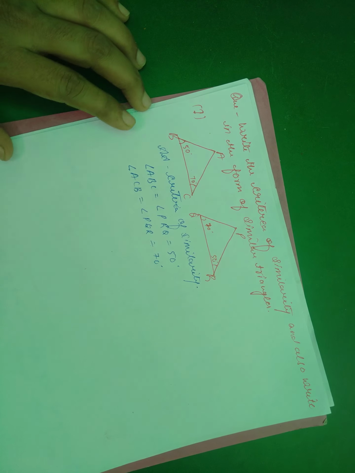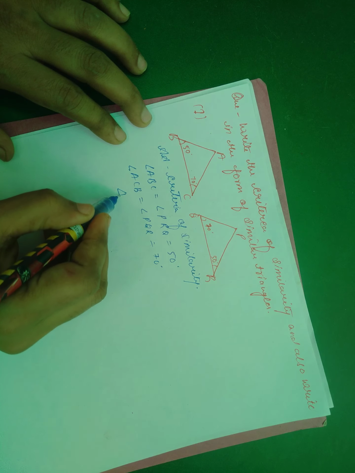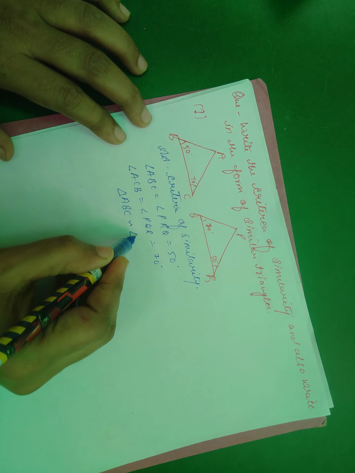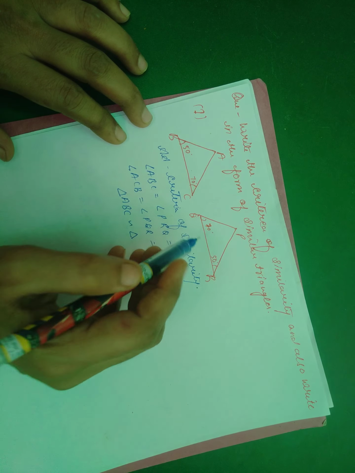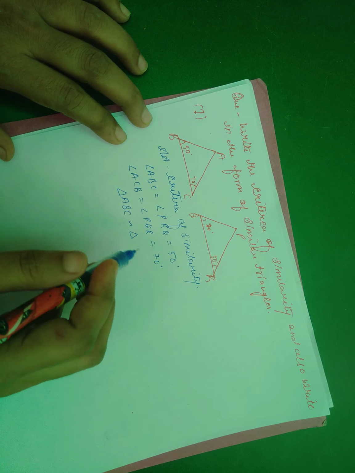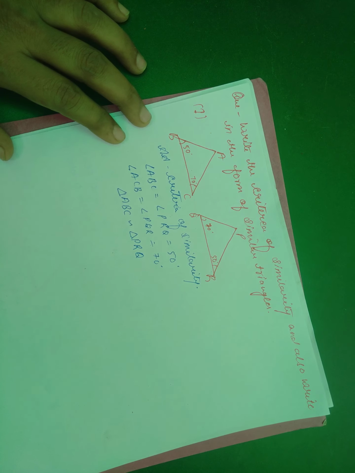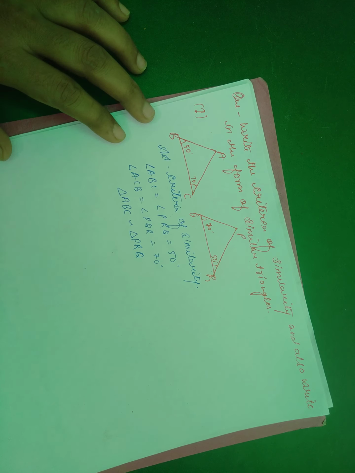So how can we write it? We can write triangle ABC is similar to triangle PRQ, because of corresponding angles. So this is the first question.